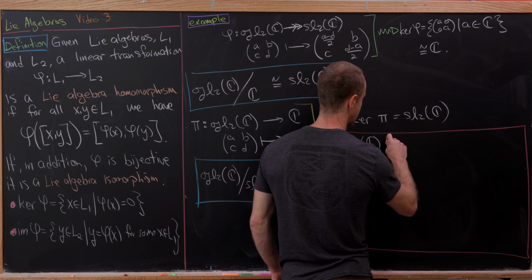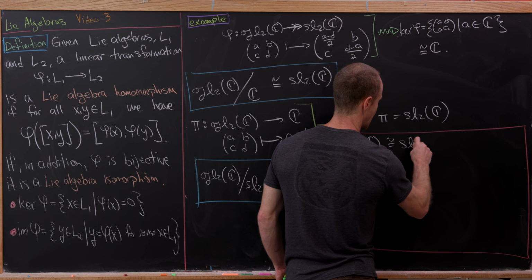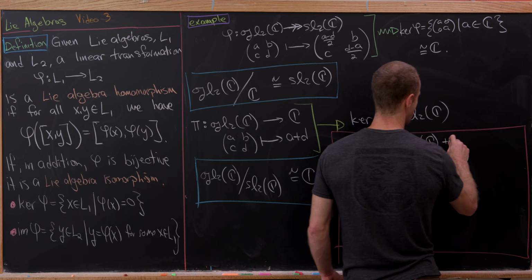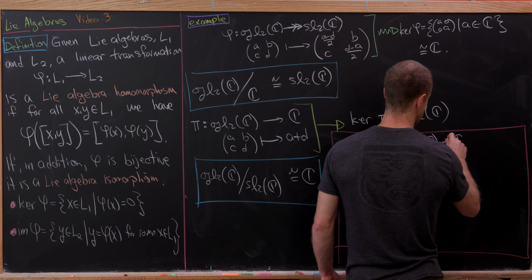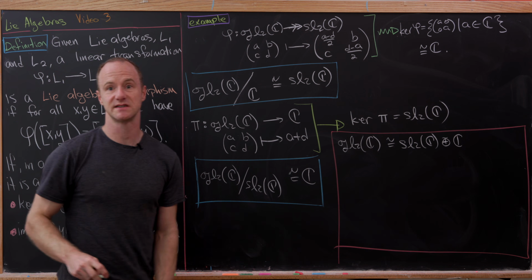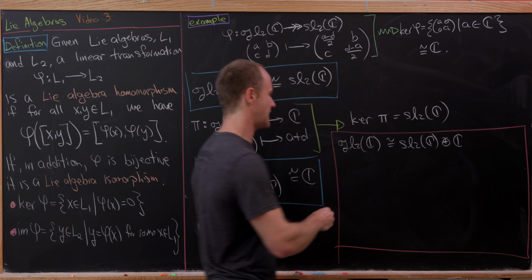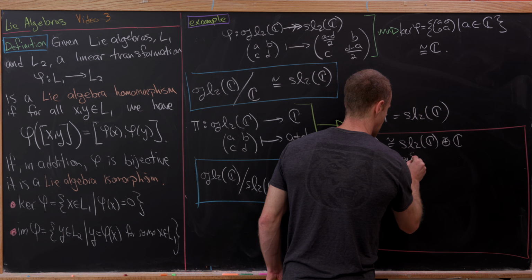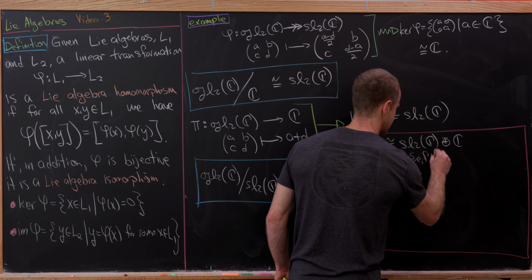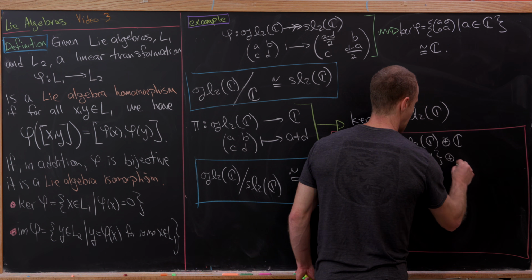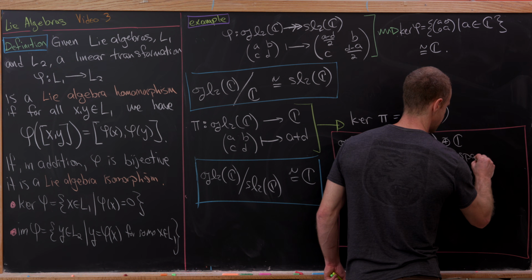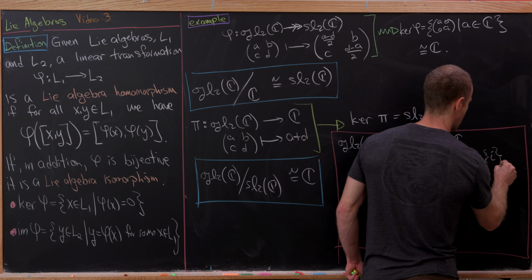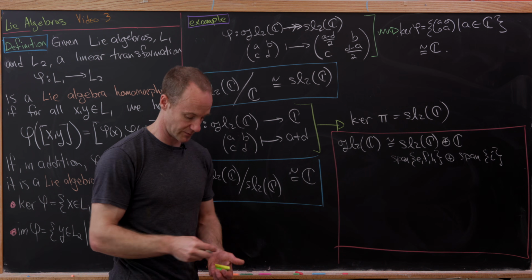GL2C is really isomorphic to SL2C plus C, and really that's a direct sum. That's because over here we have the span of, using notation from a previous example, E, F, H, and then the direct sum is the span of what we called I in a previous example.